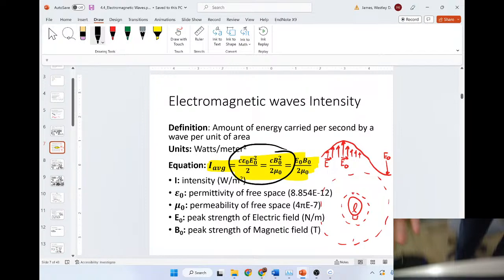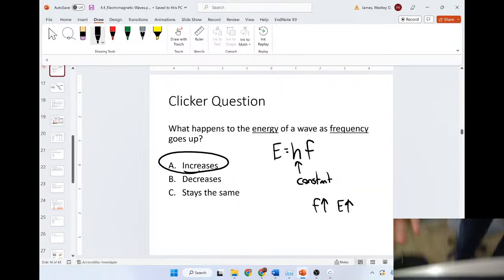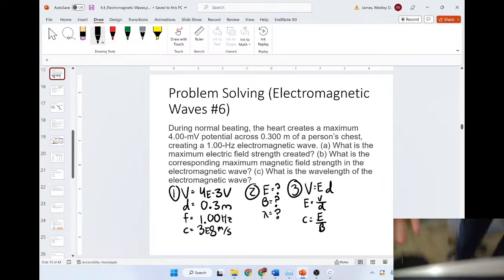And that relationship comes from C equals E over B. So technically there's two ways to do this. Isn't that fun? Isn't that exciting? But we'll take the easier option. Because why not? C equals E over B, and then the last one, pretty straightforward. C equals F times lambda. You don't even have to do parts A and B to do part C.